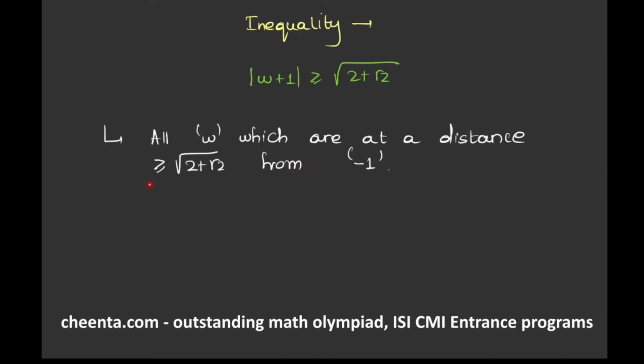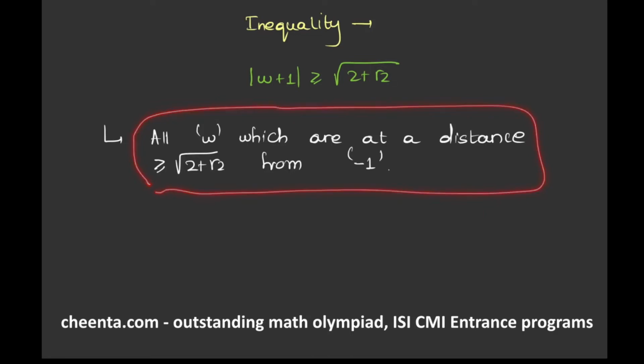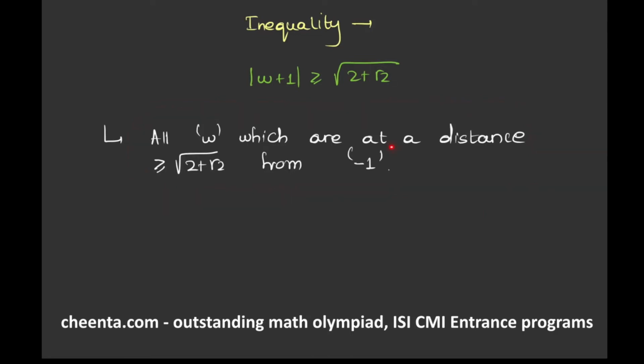This essentially is asking for all those omegas which are at a distance of greater than root 2 plus root 2 from minus 1. So we can obtain this by rewriting this inequality as mod of omega minus (minus 1) is greater than or equal to square root of 2 plus root 2.